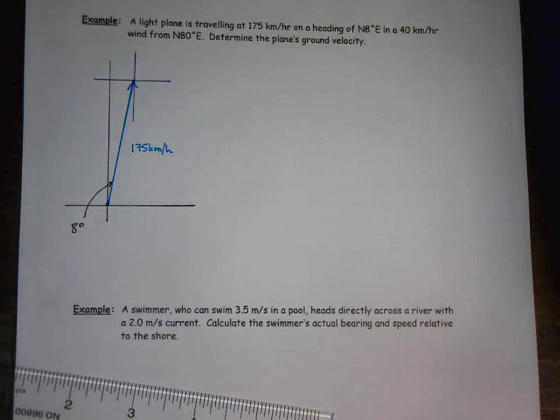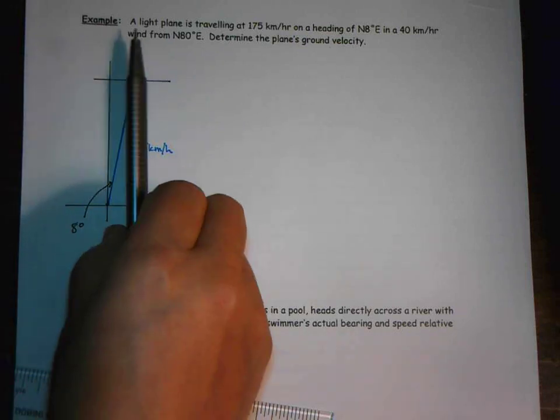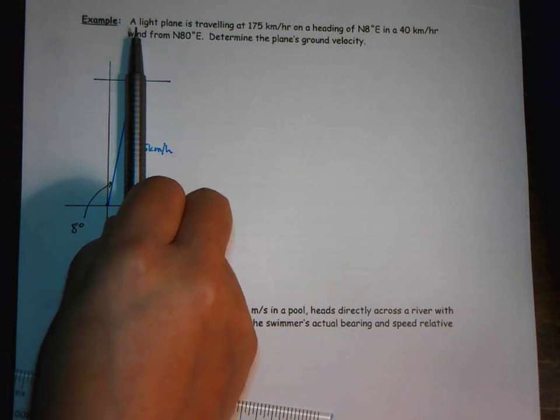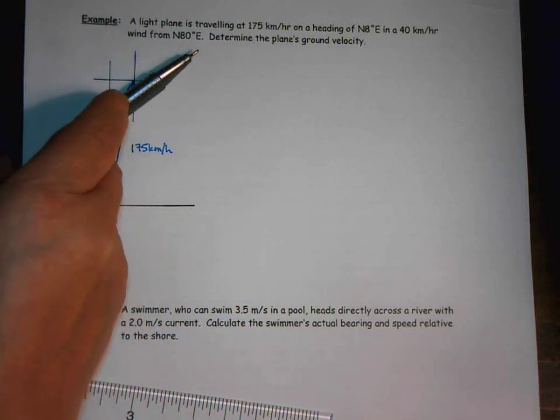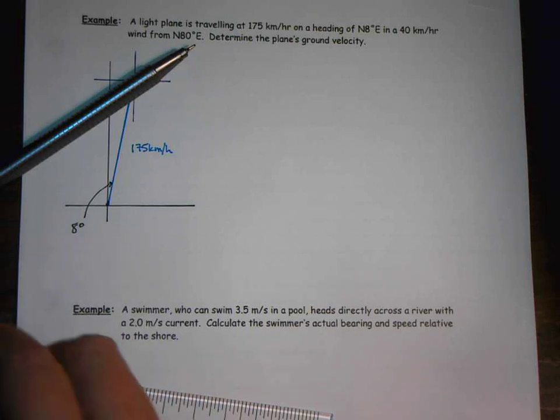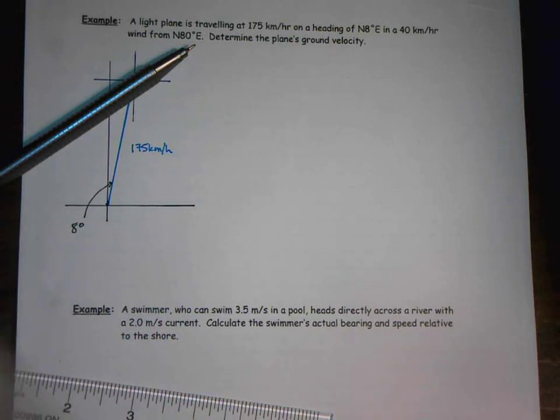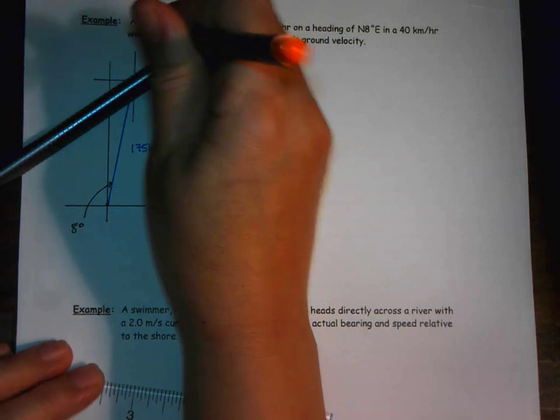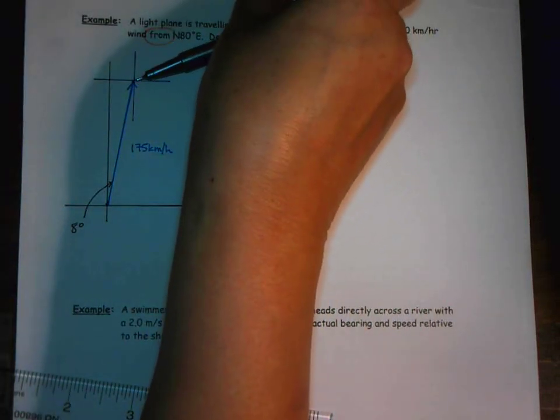And from that we have a wind that's coming from 80 degrees east of north. So again, the same idea. There's north, 80 degrees would be like this. However, again, it's coming from, that's your key word here. And so your vector must be like this.